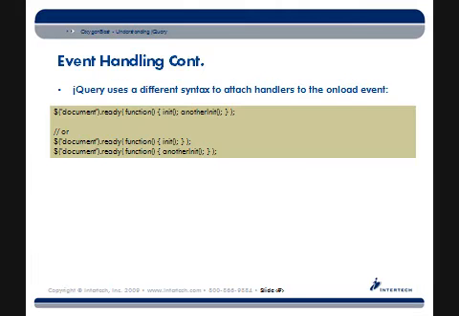Well, jQuery has a special syntax. Use the $, we pass in the element document, and we say .ready. Anything that we put inside as a parameter to the ready method on the document will be called as soon as the page is initialized. So you'll see two examples.